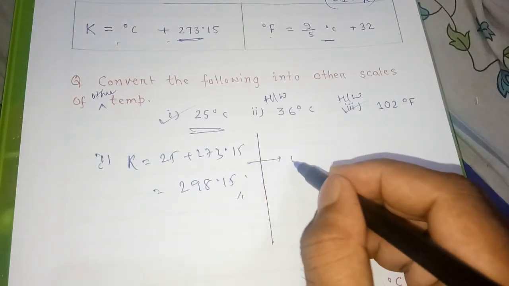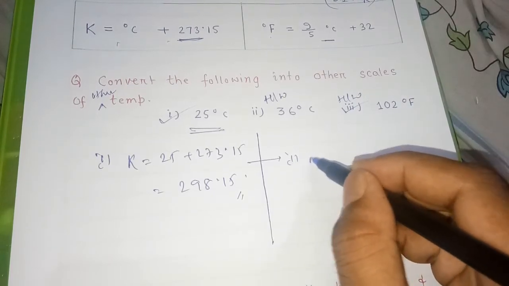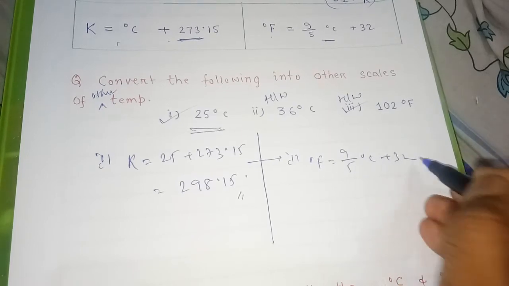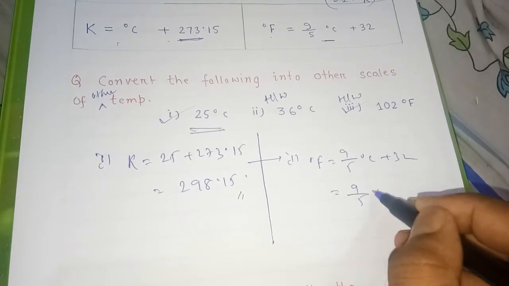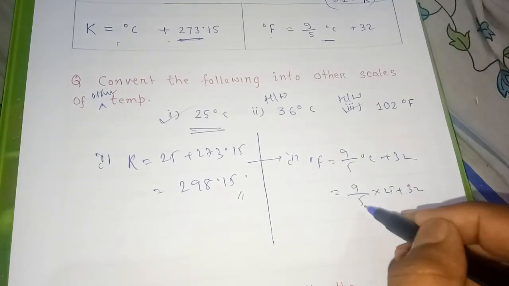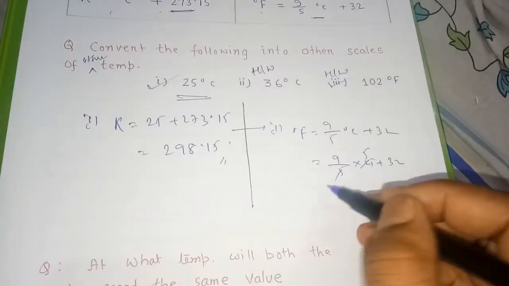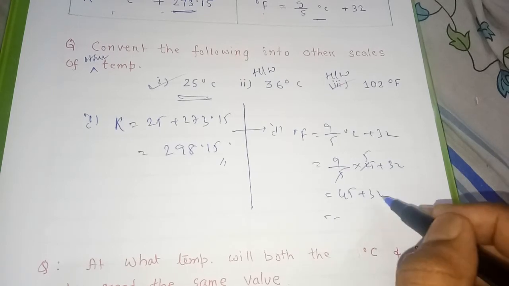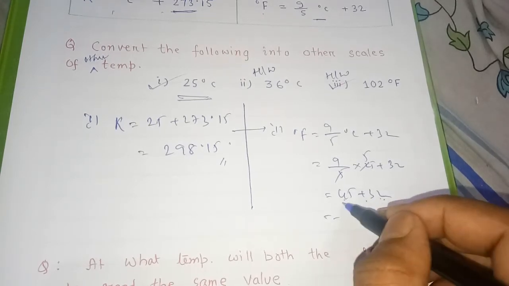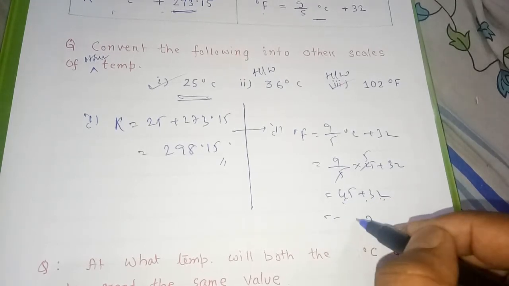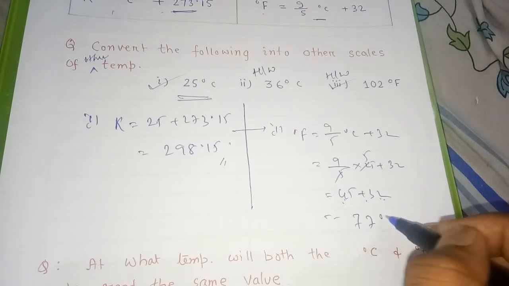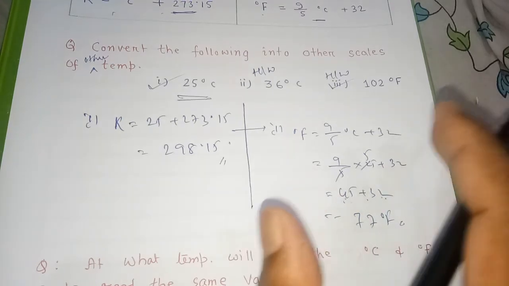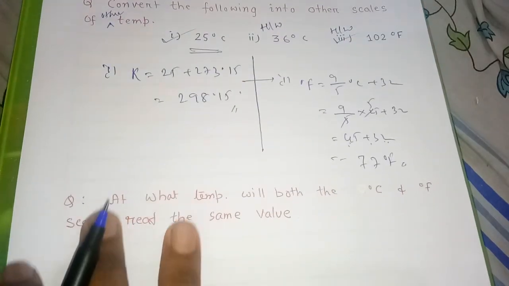The same one, if we convert in the Fahrenheit scale, degree Fahrenheit equal to 9/5 degrees Celsius plus 32. So 9 by 5 into 25 plus 32, this is 5, the 45 plus 32, 2 plus 5 is 7, 3 plus 4 is 7, so 77 is degree Fahrenheit. So this is how we have to calculate this one.